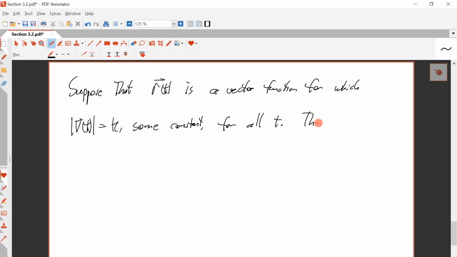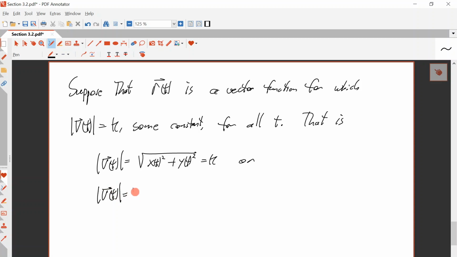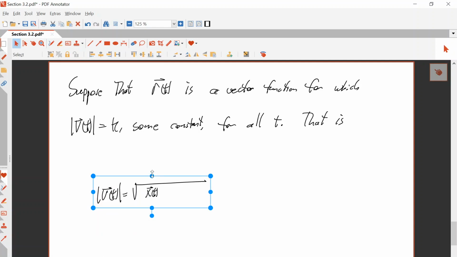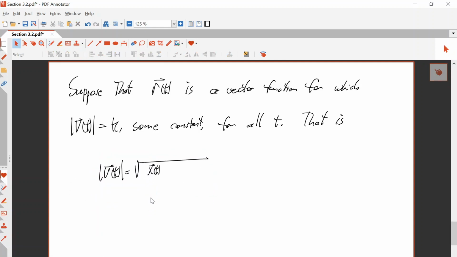Right, that is, in 3 dimensions, x(t) squared plus y(t) squared plus z(t) squared is equal to k squared for all t. Oh, I'm sorry, we're just talking about 3 dimensions here, not 2 dimensions. You can do it in 2 dimensions, but it's less interesting.